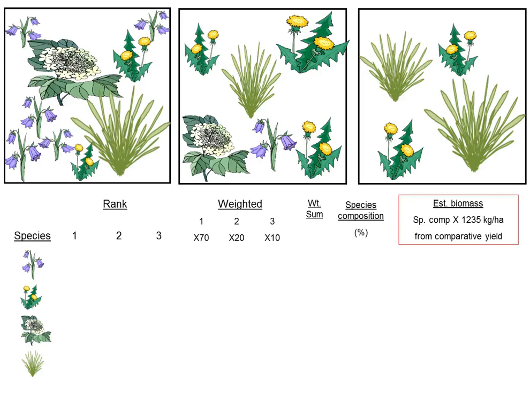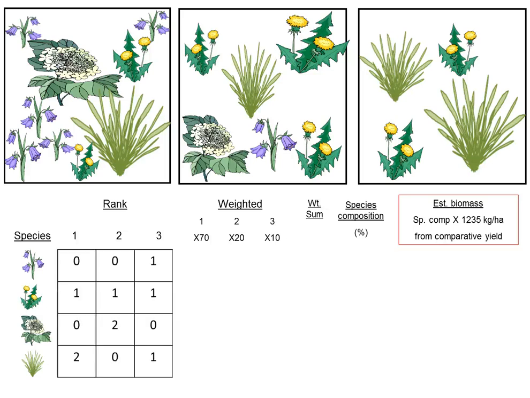So let's take a look at how this plays out when we do the analysis. First, we summarize the ranks. The purple flower was not ranked 1 or 2, but it was ranked number 3 once. Dandelion was ranked a number 1, a number 2, and a number 3 one time, and the white flower was ranked number 2 twice.